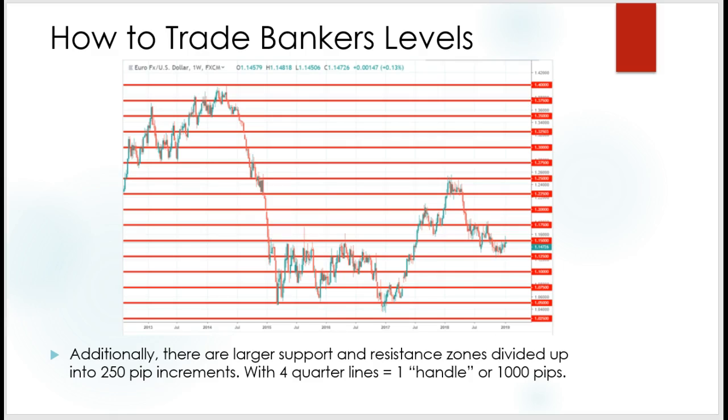However, additionally, there are larger support and resistance zones divided up into 250 pip increments, with 4/4 lines, or 250 pips, equal to one handle, which is also called 1,000 pips.